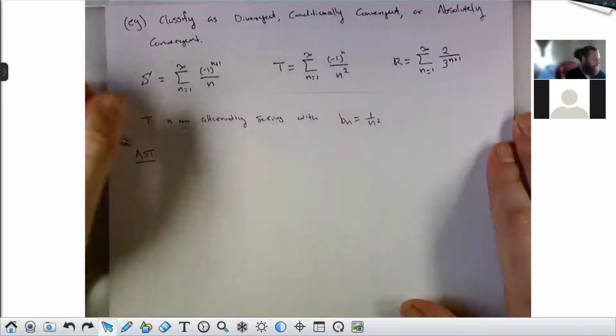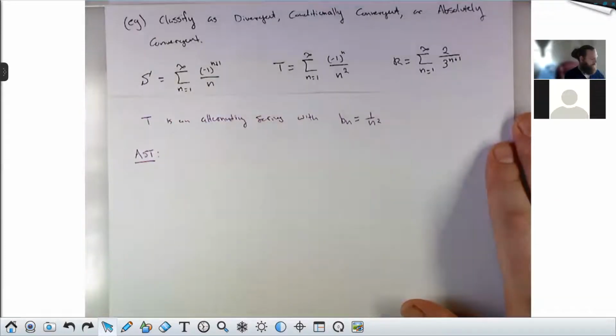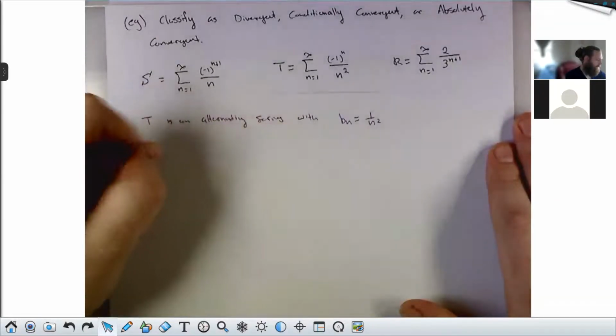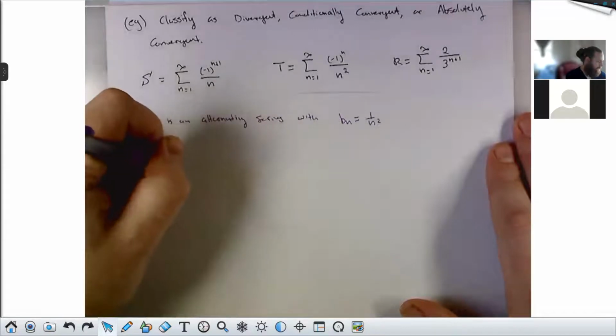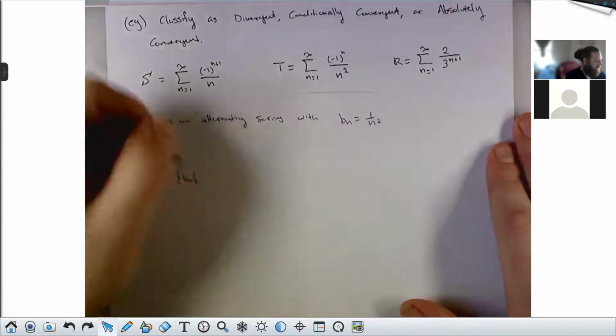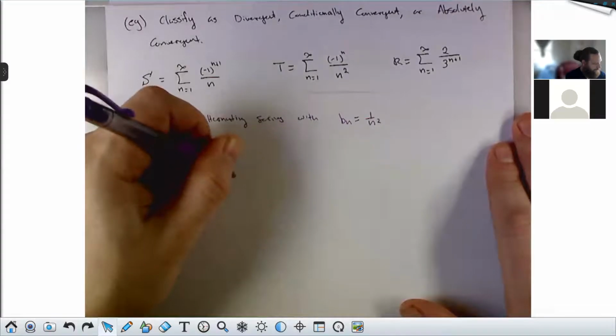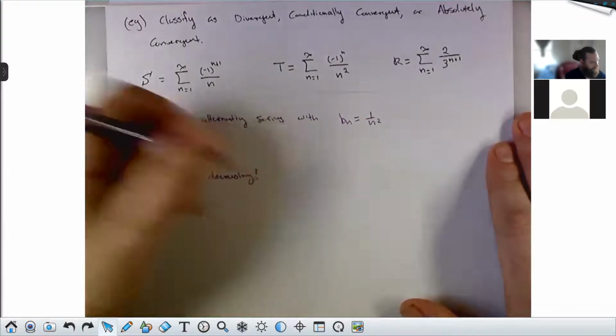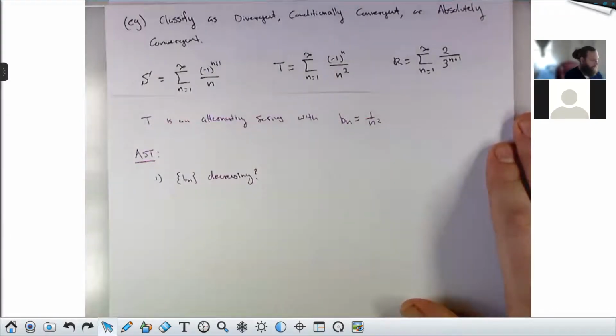I can use my alternating series test. I can check that Bn is decreasing. Again, the derivative argument will work here.